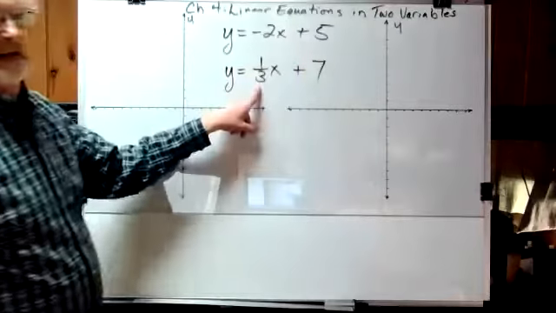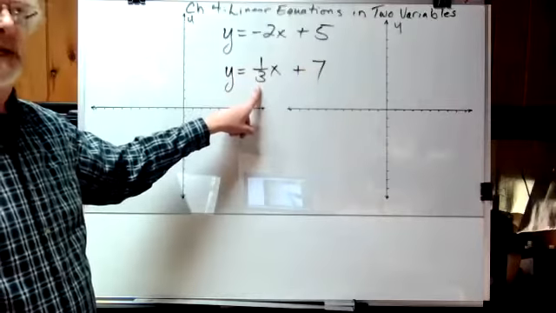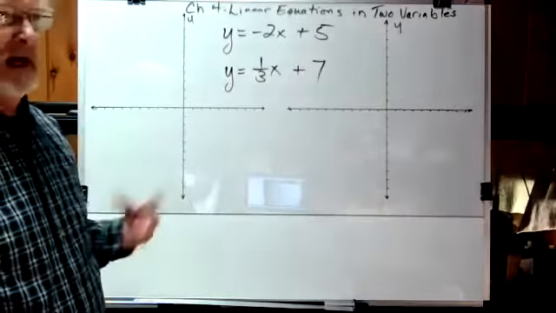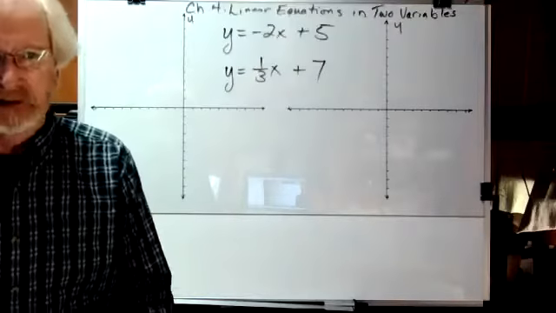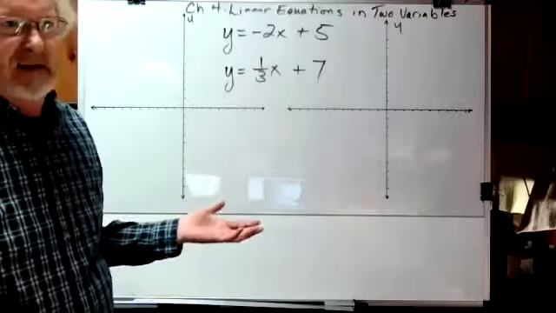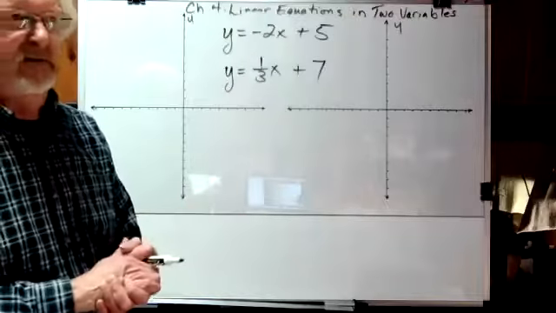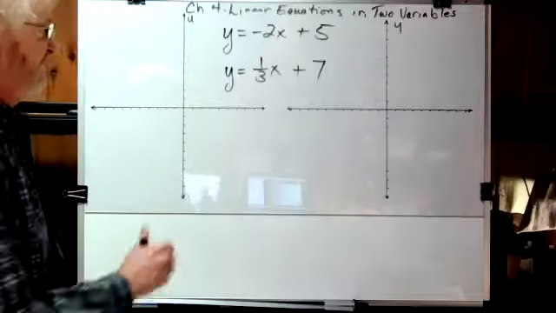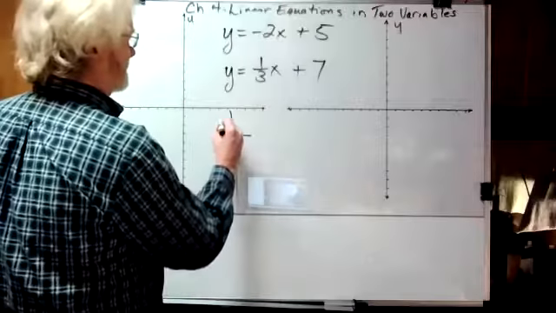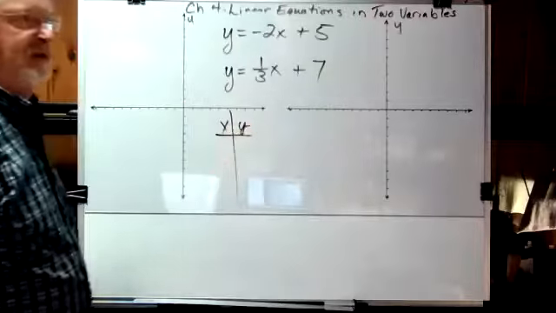A fraction here. And I have to pick numbers to plug in there now. I'd really like to kind of avoid the fraction. Not necessary, but it's kind of nice if I can avoid the fraction. What would be good choices for x's to plug in this situation?